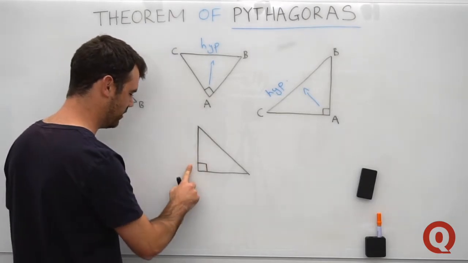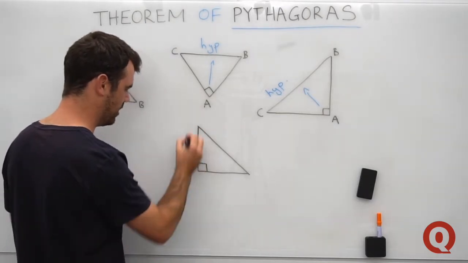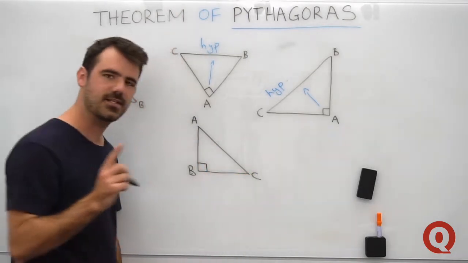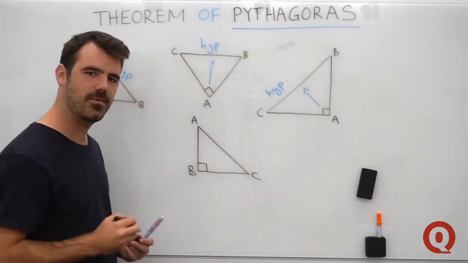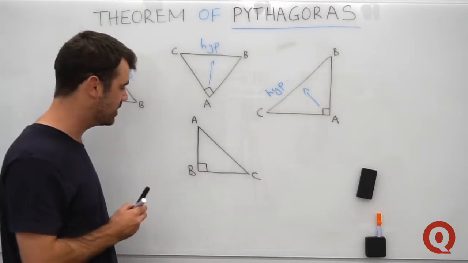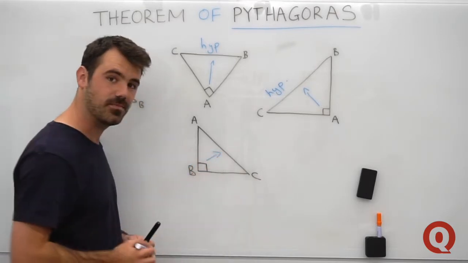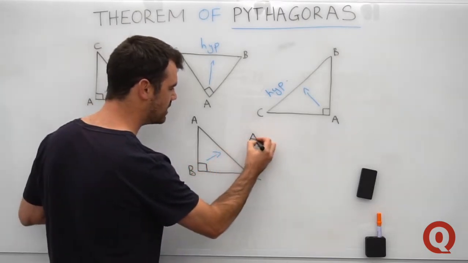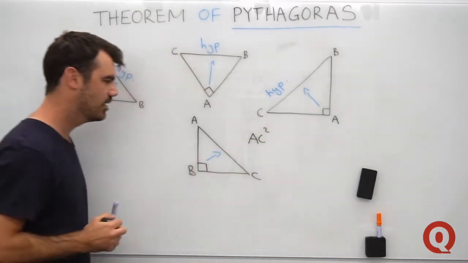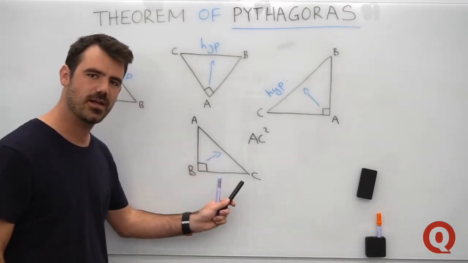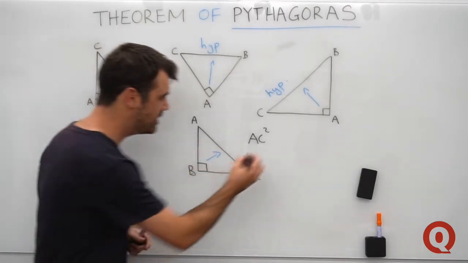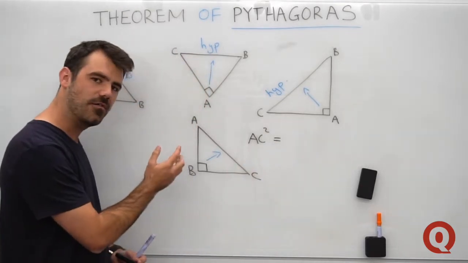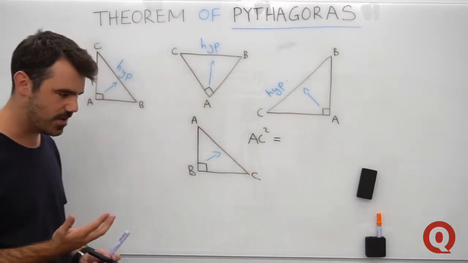And we've got, we'll start from the top here, A, B, C. He says that if we square the hypotenuse, so where is my hypotenuse? My hypotenuse is opposite my right angle. If we square the hypotenuse, so AC squared, he says the hypotenuse squared is equal to the sum of the two shorter sides squared.